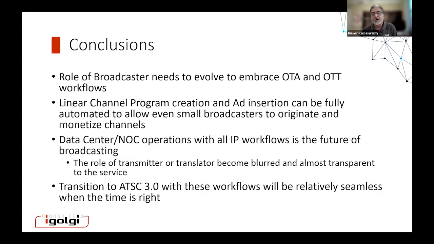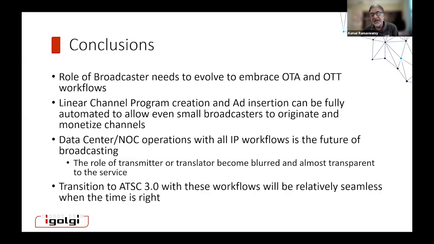The translator can almost do what a standard transmitter does, because it's getting centrally distributed from the NOC. So you can imagine translators carrying niche programming, and the translators can also start becoming local transmitters or local generators of content. And of course, this has implications with the FCC, and one has to understand what those implications are.